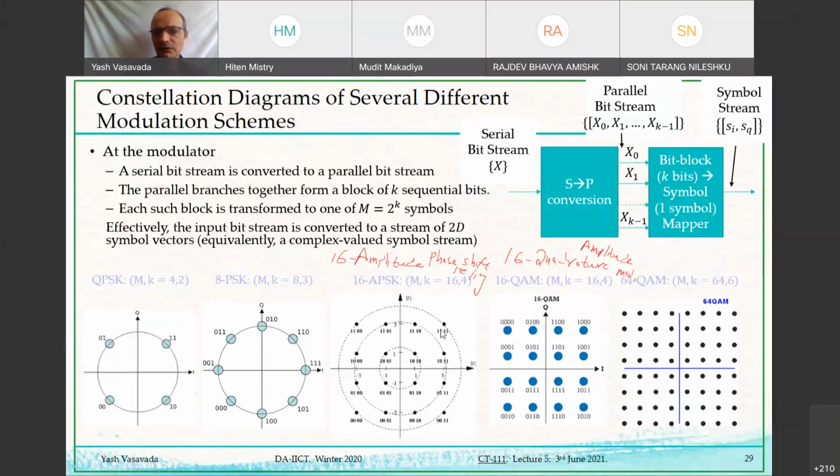If you want to transmit, for example, this particular symbol, 1111 of 16 APSK, you will have to spend more energy compared to, for example, if you want to transmit 1010. So then how to do the energy calculation is an example that we will now look at.